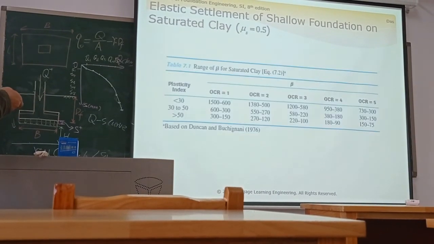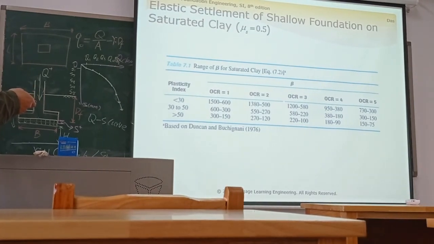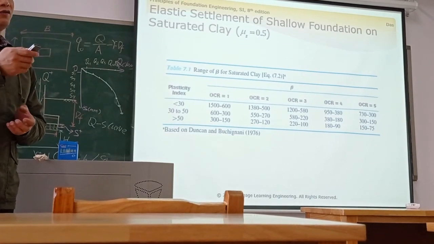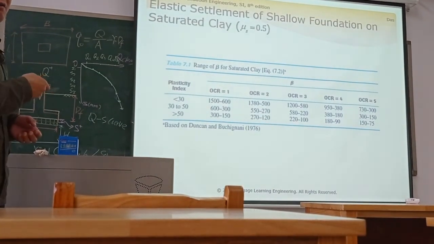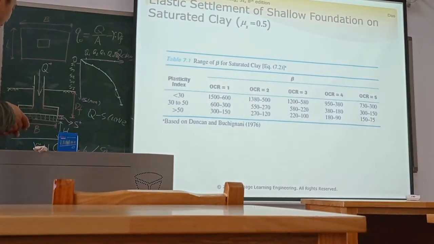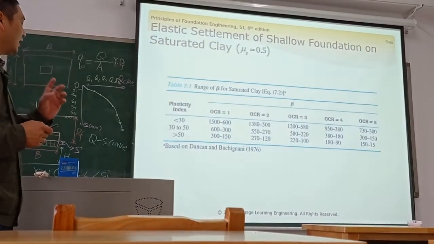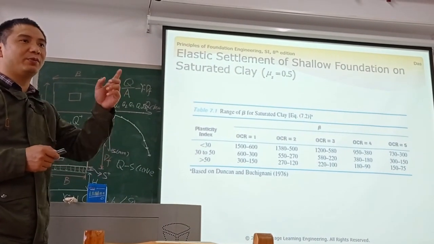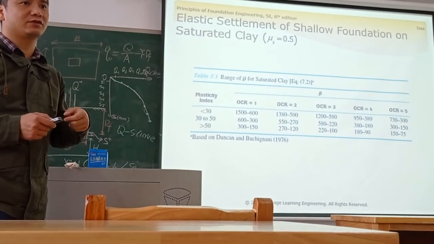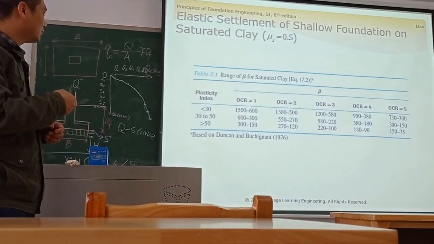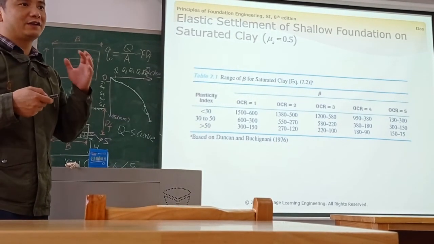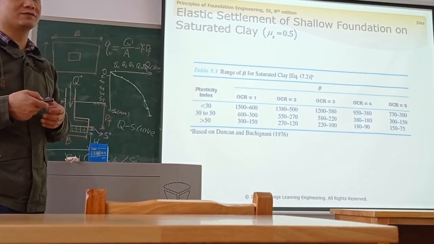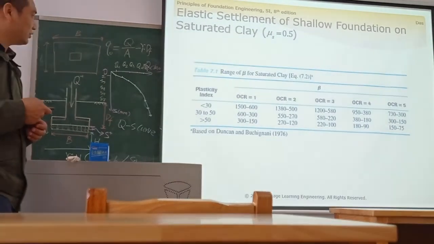So this is the value of beta, OCR. OCR, in soil mechanics, you can review it. How to calculate the OCR? It's the pre-consolidation pressure divided by the self-weight stress.